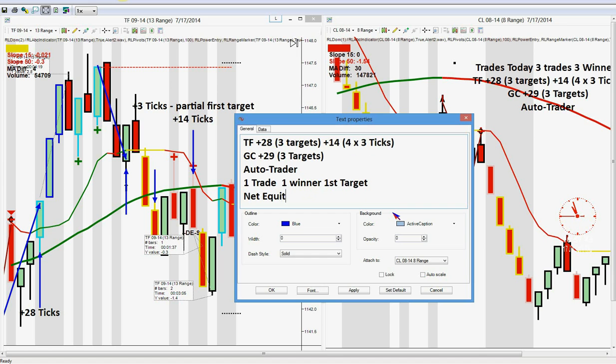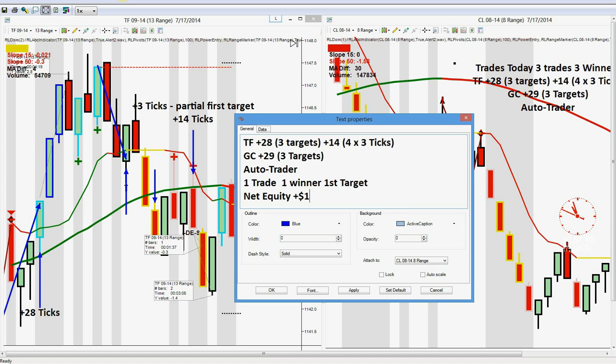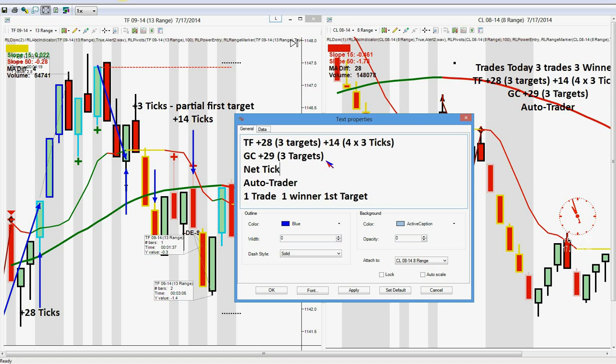So the net equity here was plus $100. Now net equity here, well, net ticks, 71 ticks.